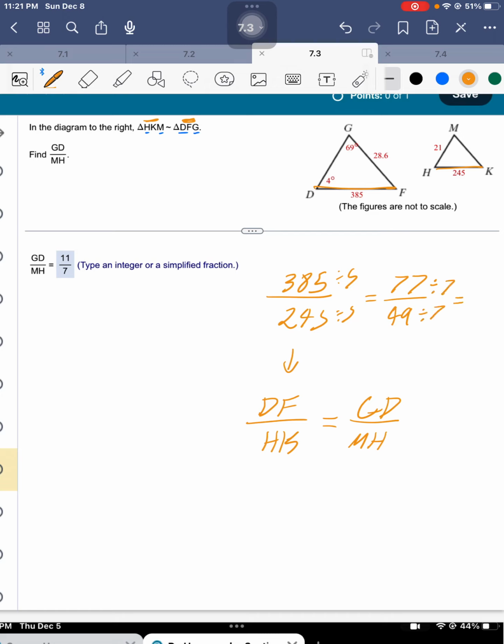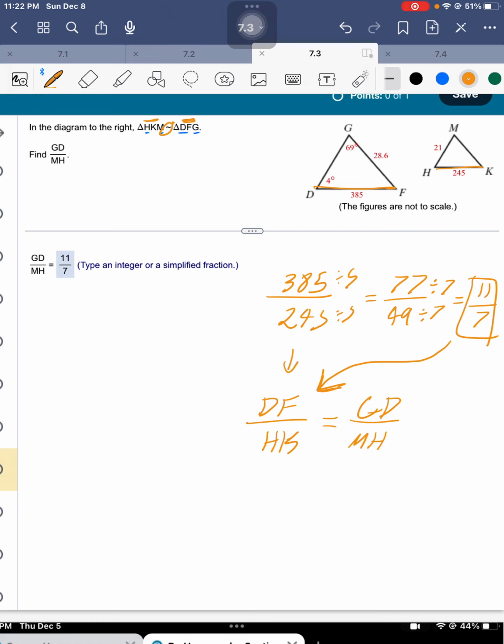I know the greatest common factor of 77 and 49 is 7. So what is 77 divided by 7? 11. What is 49 divided by 7? 7. So that means my proportion of DF to HK is 11 over 7.